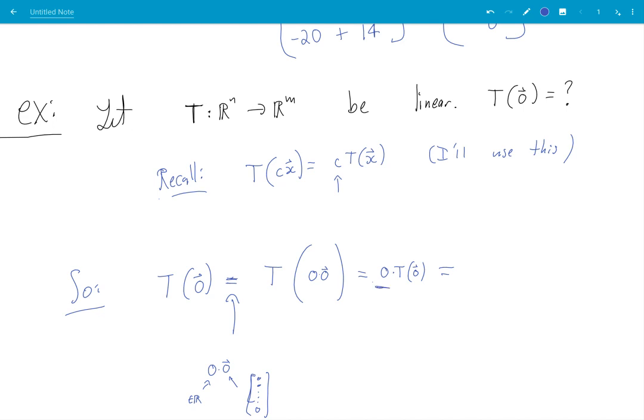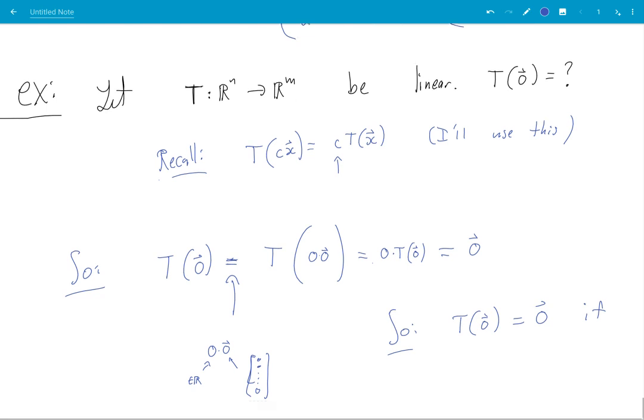Because if I take 0 times a vector I always get the zero vector. So T of 0 is always 0 if T is linear. That's what I have demonstrated here.